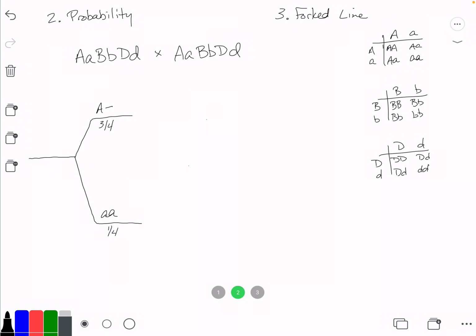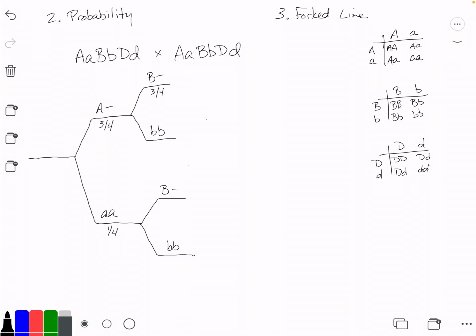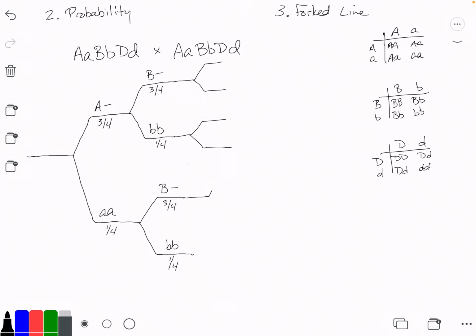Now, totally separate to that, I'm going to have a choice or an outcome regarding gene B. So again, B will either be dominant or recessive. I'll look at my little Punnett square I did for B and decide what the right fractions are to put here. And then I'll go ahead and do the same thing for D, but now on each path. I'm just moving over a little to give me some room.